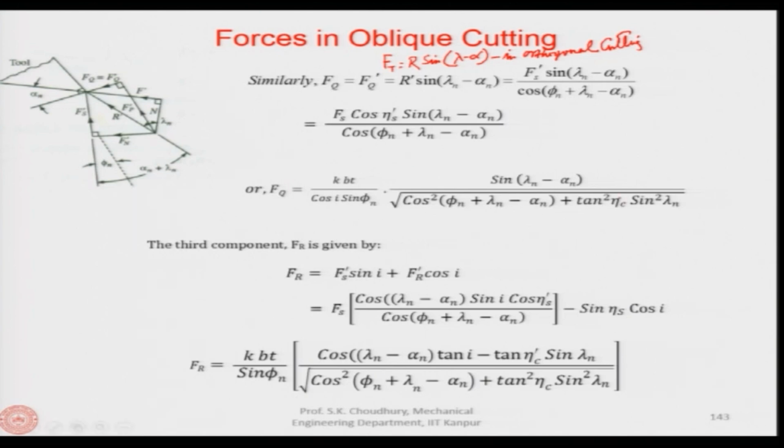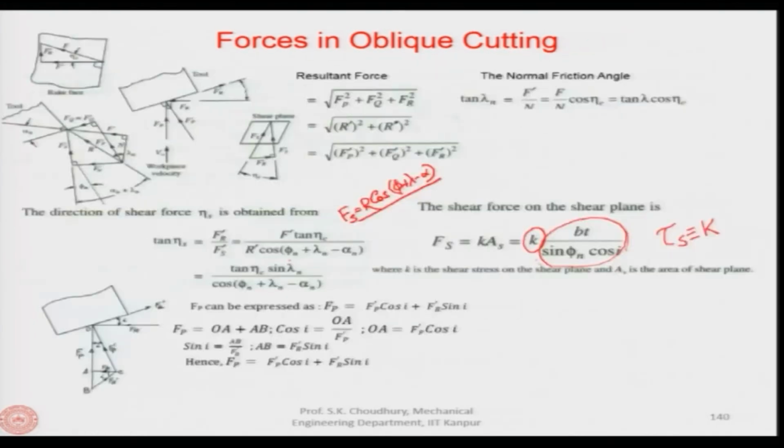And the third component Fr is given by Fs prime sin i plus Fr prime cos i, because they are mutually perpendicular. So, therefore, if Fc was equal to, you remember we said that Fp or Fc is equivalent to, this was given by this expression.